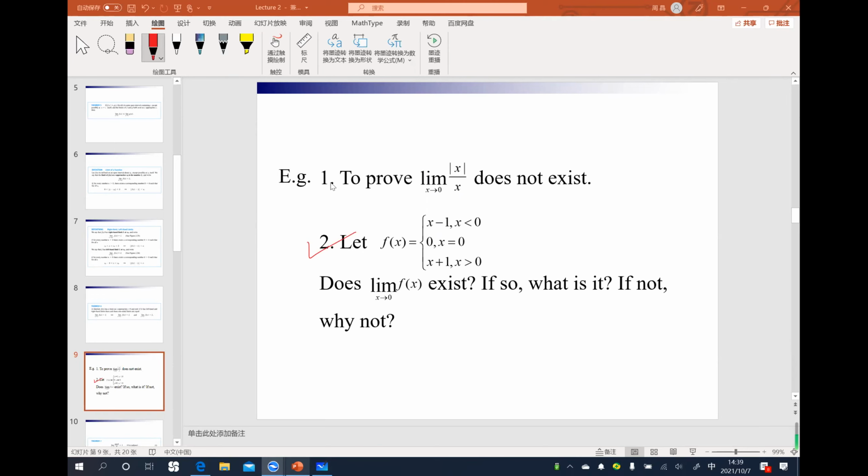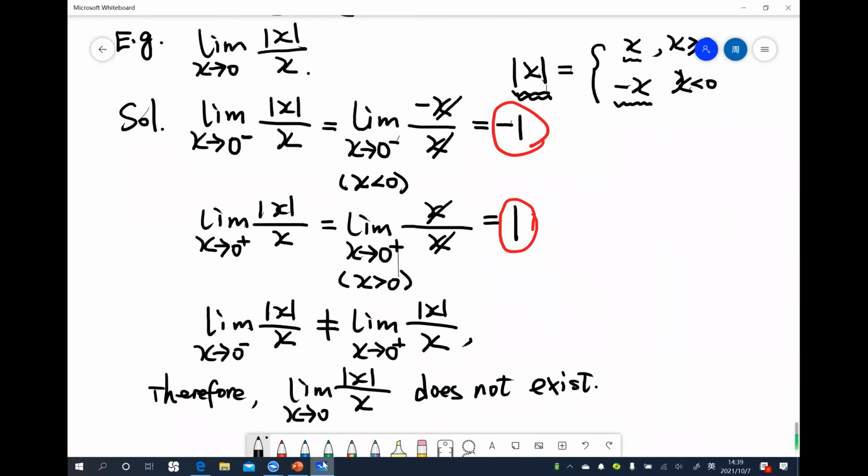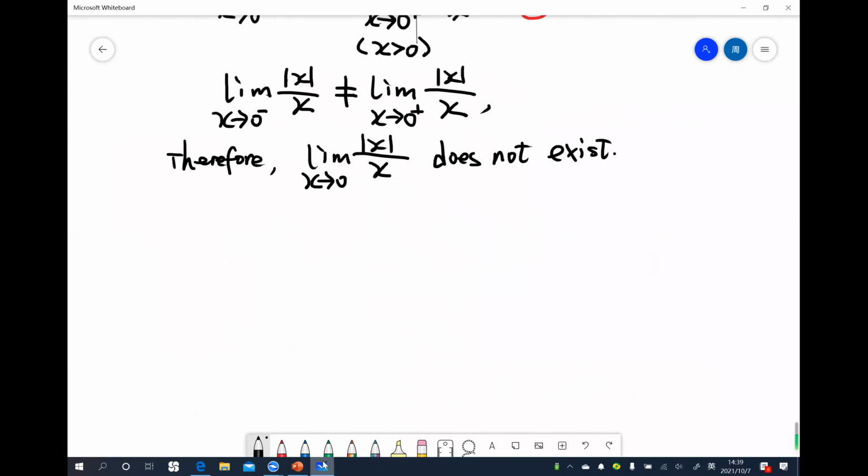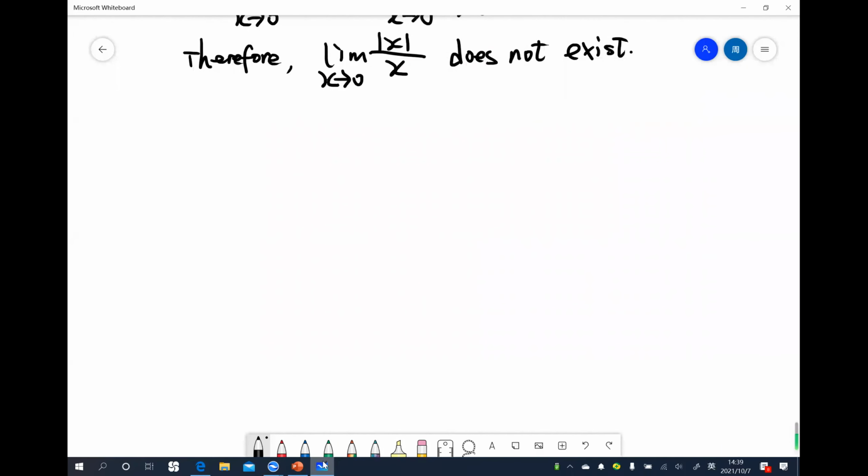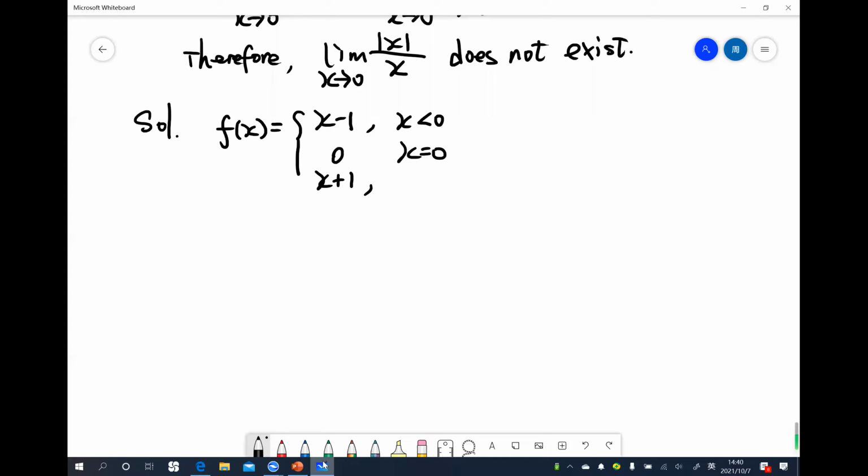So here, for the solution of the second one, first, we know that the function f of x equals x minus 1 if x is smaller than 0, 0 if x equals 0, and x plus 1 if x is larger than 0.